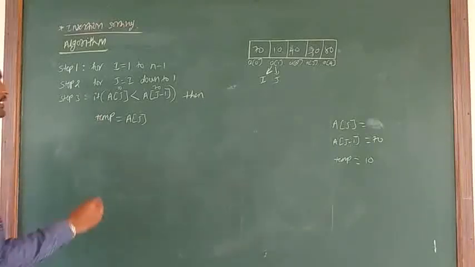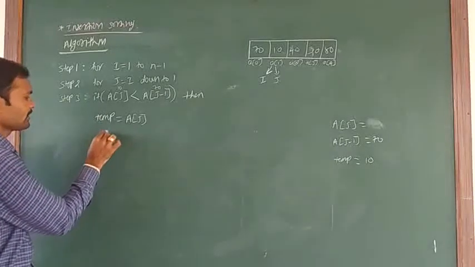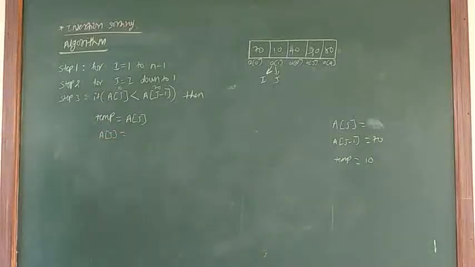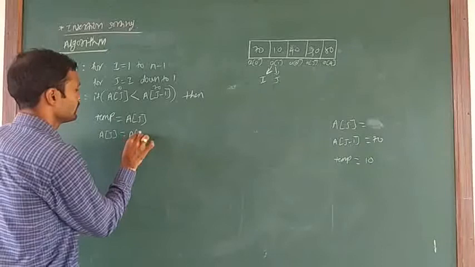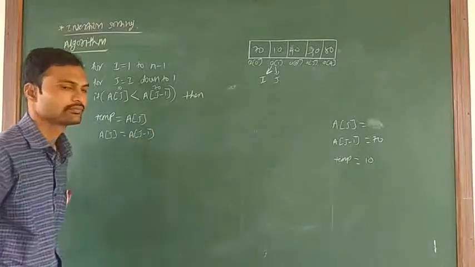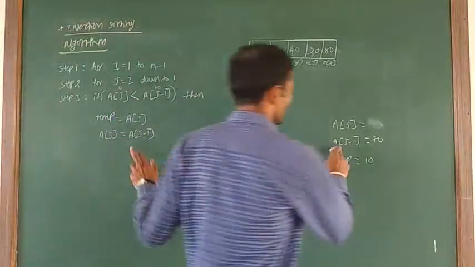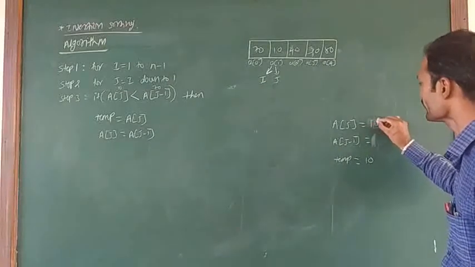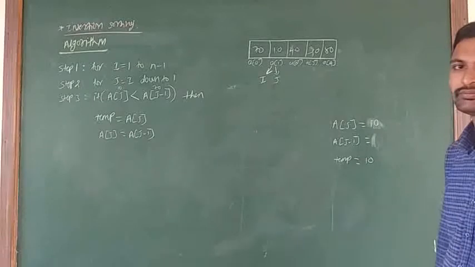Next, A of j is equal to A of j minus 1. A of j minus 1 is 70, so that was shifted into A of j. Now A of j minus 1 is empty.